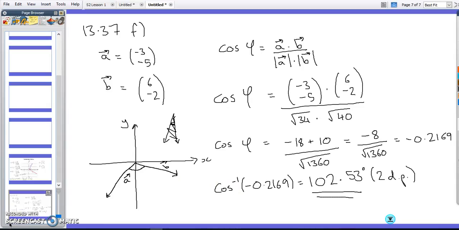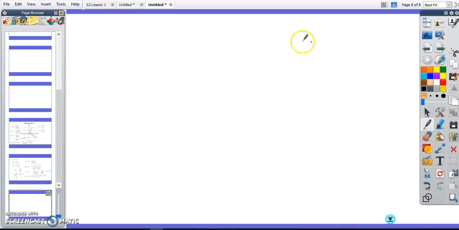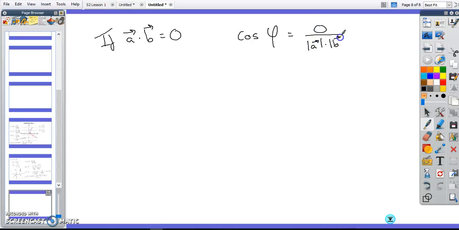And the final thing I wanted to say about this is that from this formula, it also shows us why, if the scalar product is 0, the angle is 90 degrees. So if the scalar product between two vectors is 0, then the cosine of the angle would be 0 divided by the absolute value of A times the absolute value of B, which would be 0.